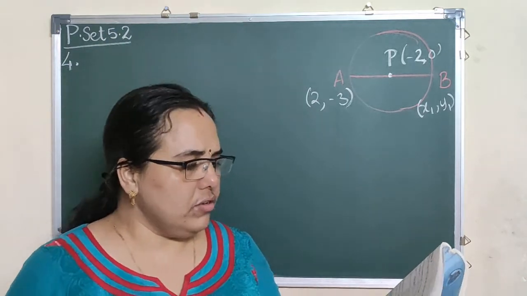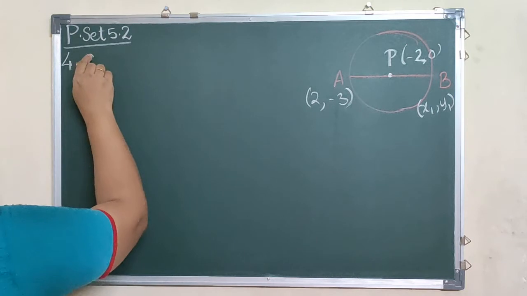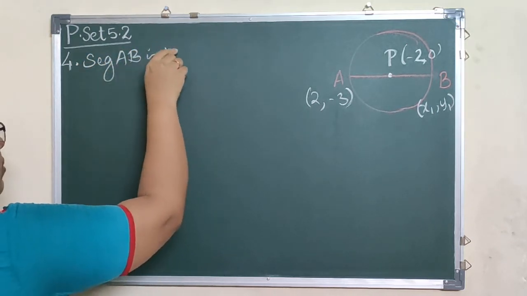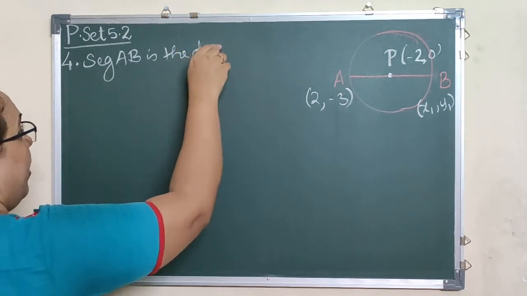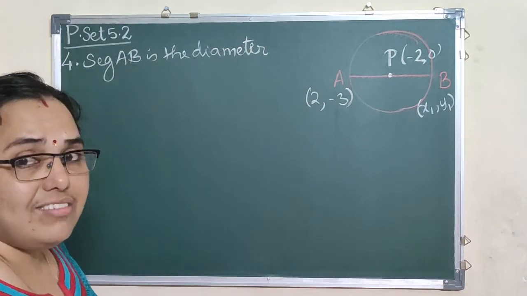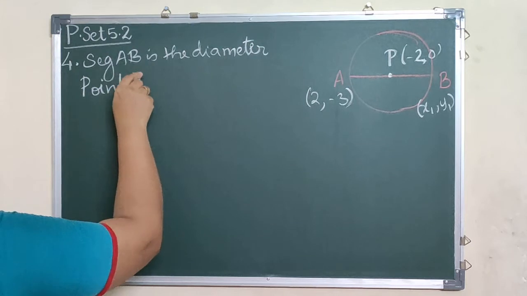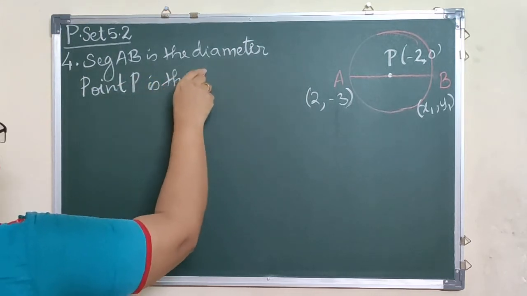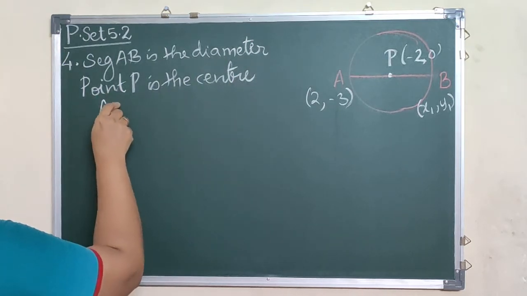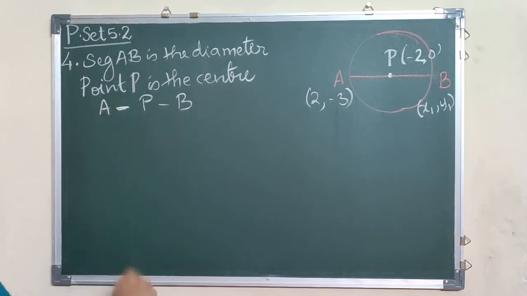So tell me, what is the speciality here? Segment AB is the diameter. If AB is the diameter and point P is the center, what is the relation? Obviously, A-P-B.